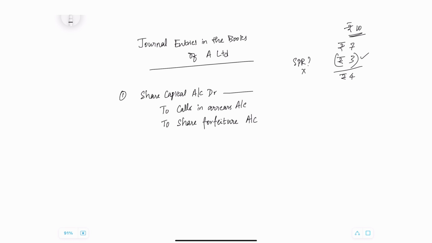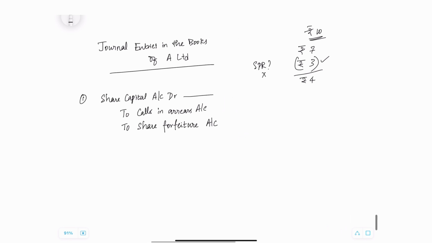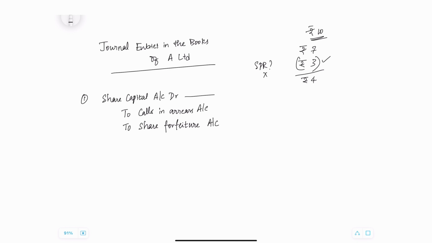Here you will have number of shares forfeited multiplied by the total called up amount only. So there will not be a situation where you directly debit the entire face value of the shares. So in this situation, 100 shares into 7 rupees each, so 700 rupees. That is what we are going to debit. So here 100 into 7.